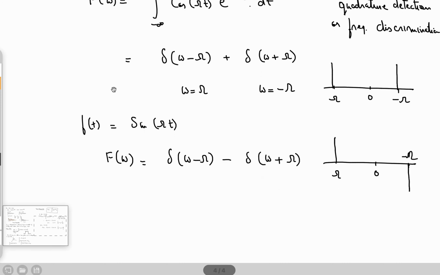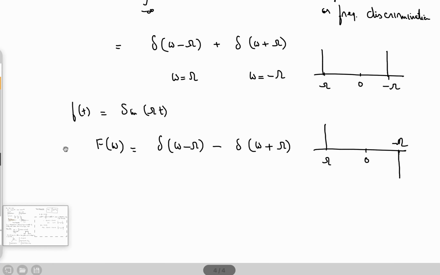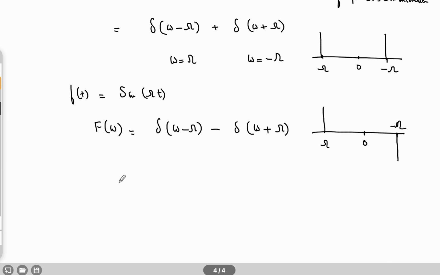Also, let's say if you have f(t) as an exponential, let's say e to the minus t R2, then F(ω) will give you a Lorentzian function, something like this, which will have a certain line width.